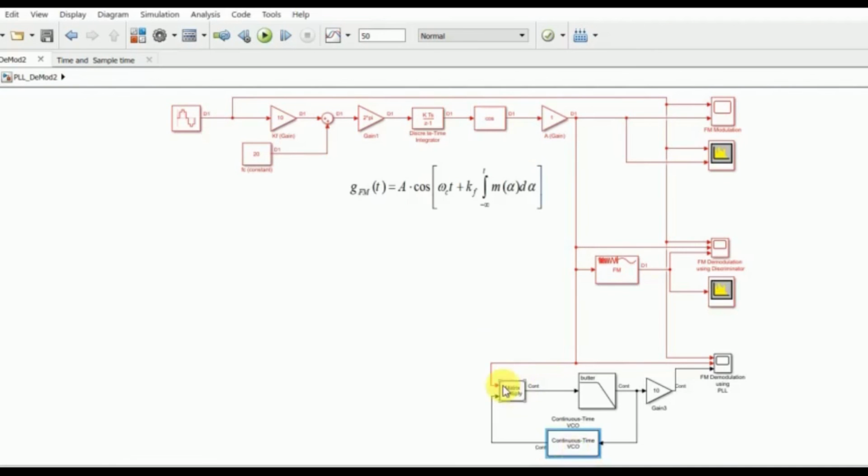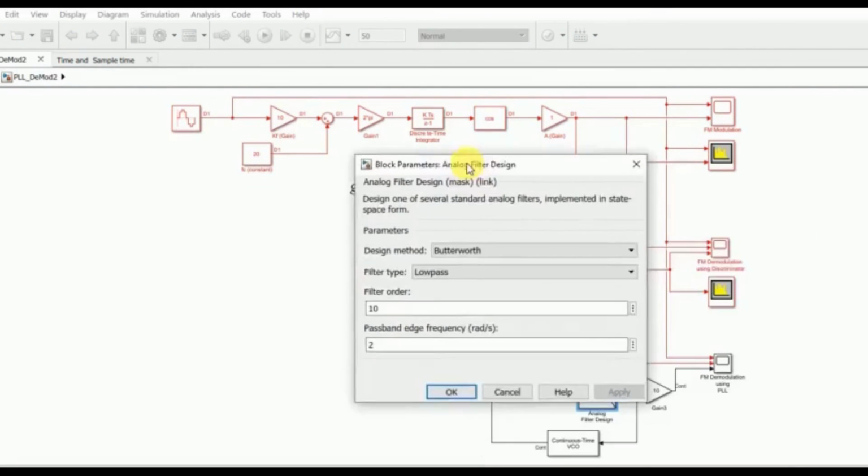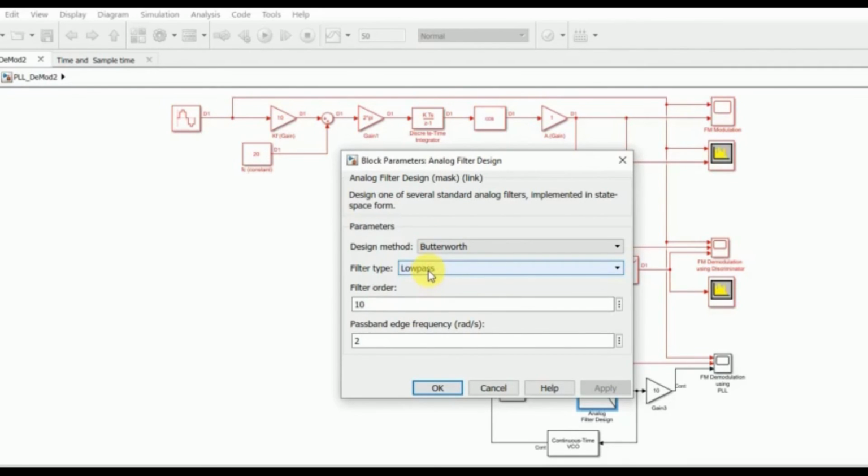Then the third block is a Butterworth filter. This is a low pass filter of order 10, and we have set the pass band edge frequency to be 2 radians per second. This is in accordance with our original message signal m of t.